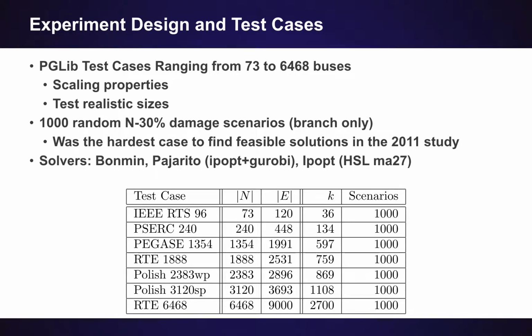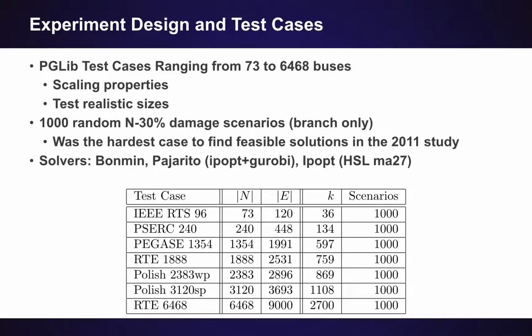Now, each of these formulations spans a lot of different types of problems. We have mixed integer problems, nonlinear problems, mixed integer second order cone, and these are the different solvers we use. We use Bonmin for the mixed integer nonlinear programs. We use Pajarito for the mixed integer convex programs, and we use Ipopt for the convex piece and Gurobi for the mixed integer piece.